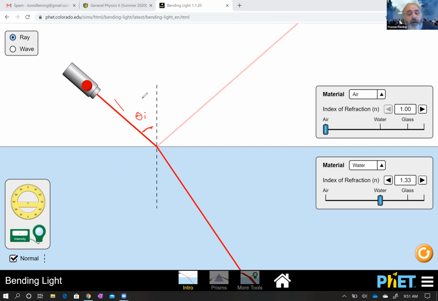Now, when it comes out the other side and goes into the water, if I measure the angle between the normal and that second beam, that is what we call the angle of refraction. So again, this right here is the incident angle, and this right here is the refracted angle.